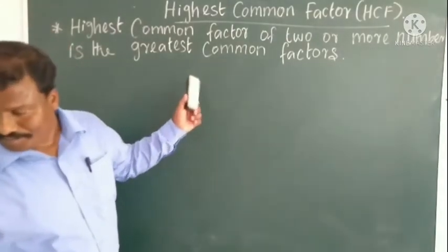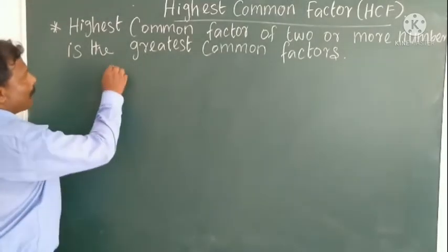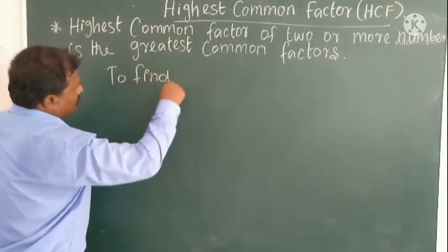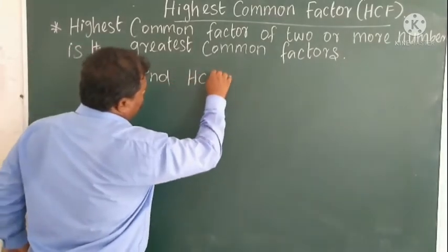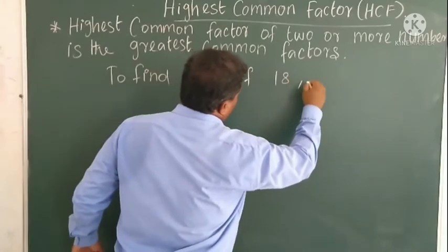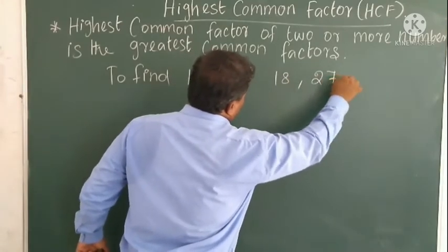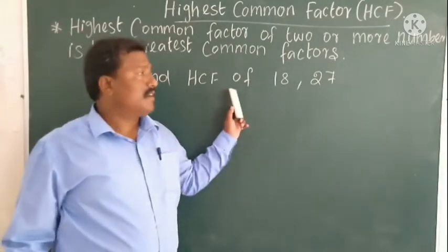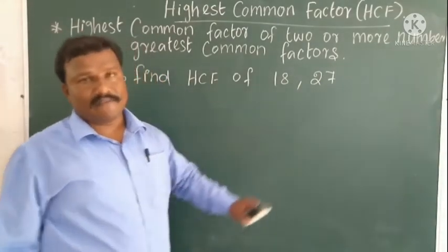So example, to find the HCF of 18 and 27.